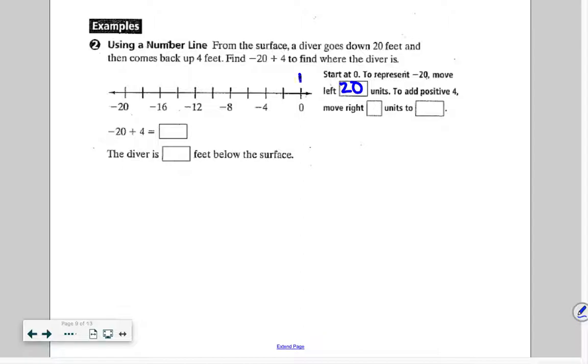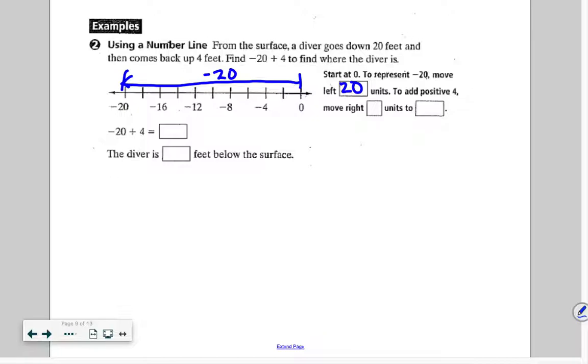We're going to move left 20 units. So here's our diver swimming down 20 feet. Our diver, 0 is the boat. He swims down 20 feet, so go down to negative 20.